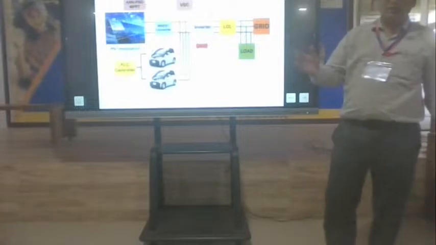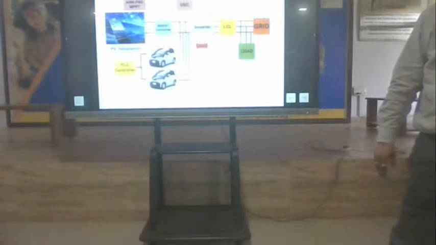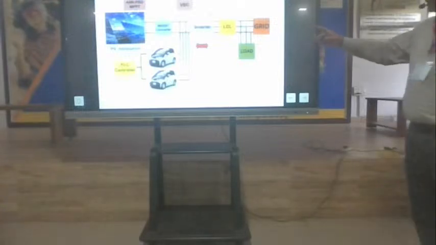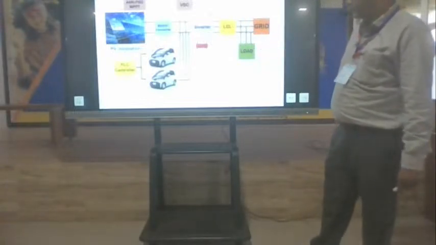During the idle hours, when the vehicle is not running on the roads, when it is staying in the office from 9 to 5, you can charge the batteries and give power supply to the grid. It is called vehicle to grid.